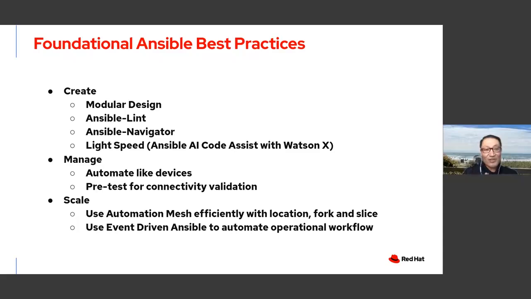And manage. So automate like devices. This is about instead of having one inventory that goes against your entire enterprise managed base, try to create subsets where they're like devices, whether they're low speed devices, high speed devices, maybe they're in one location, like maybe they're in US versus EMEA, maybe they're the same model of devices, or maybe they're all the same version of devices.